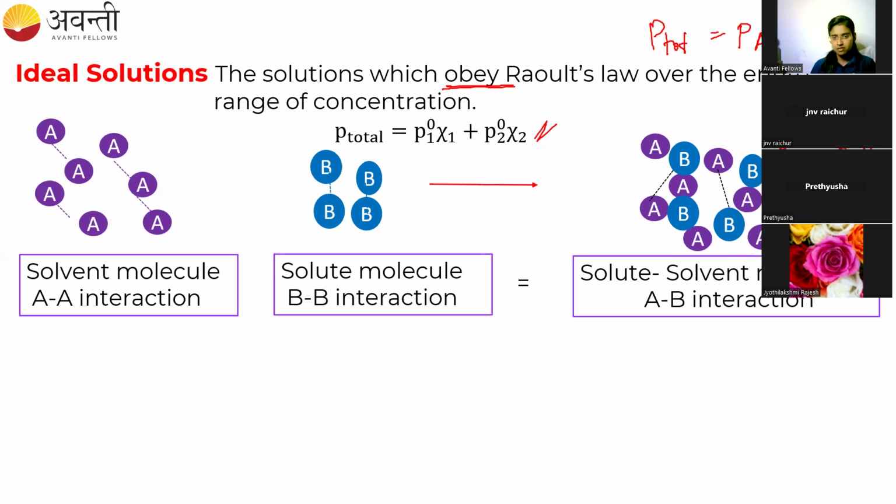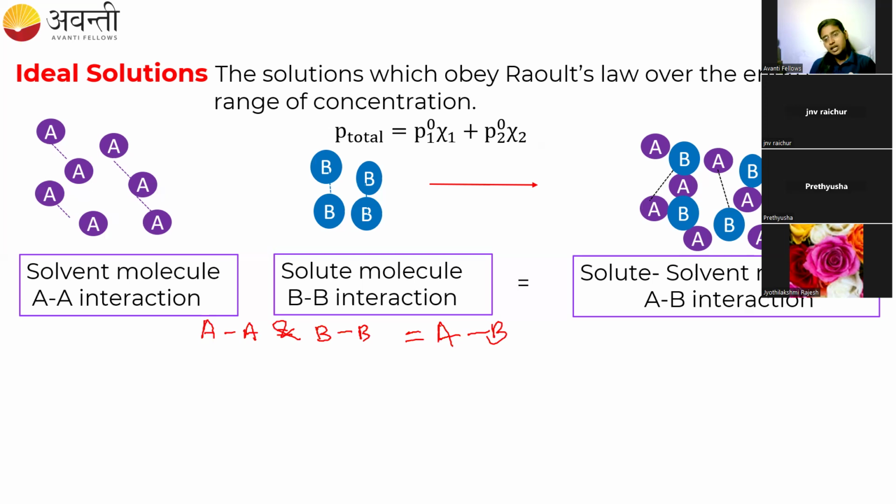So in the case of an ideal solution, AA interaction is equal to BB interaction, and both of them are equal to AB interaction. Clear? So there is no change, and all the interactions remain the same.